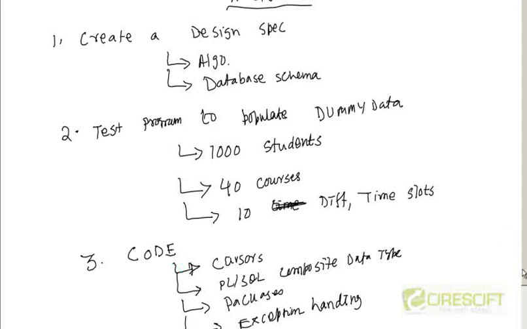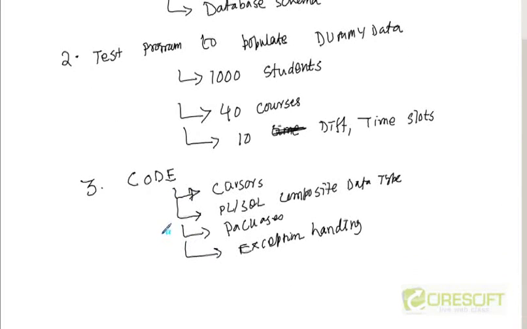What I'm expecting is that by the end of this, if you do it properly, you should have written more than 1000 lines of PL/SQL code that involves iteration control, exceptions, cursors, and all this. Whatever you learn, you are going to use in this live project.